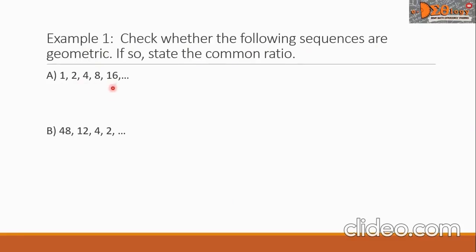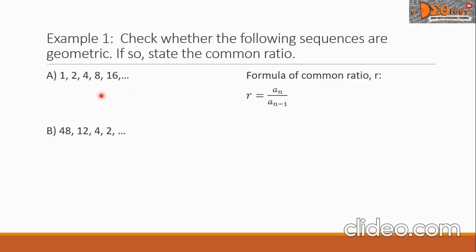For us to know if this is a geometric sequence, we must check each pair of consecutive terms. They must have a common ratio. The formula for common ratio R is this: a sub n, this is any term, divided by the preceding term.